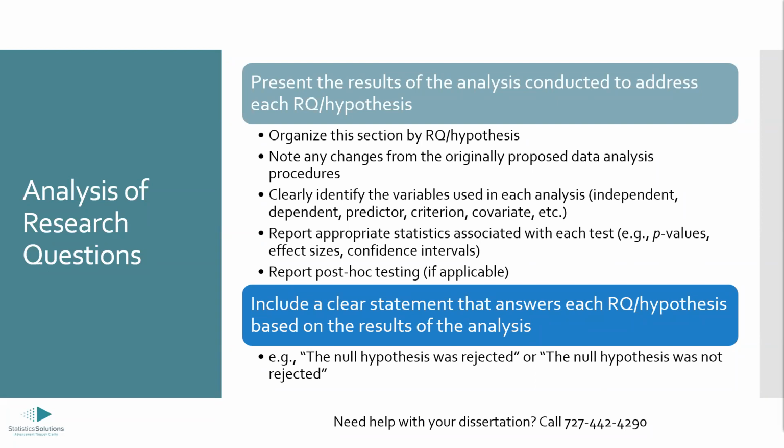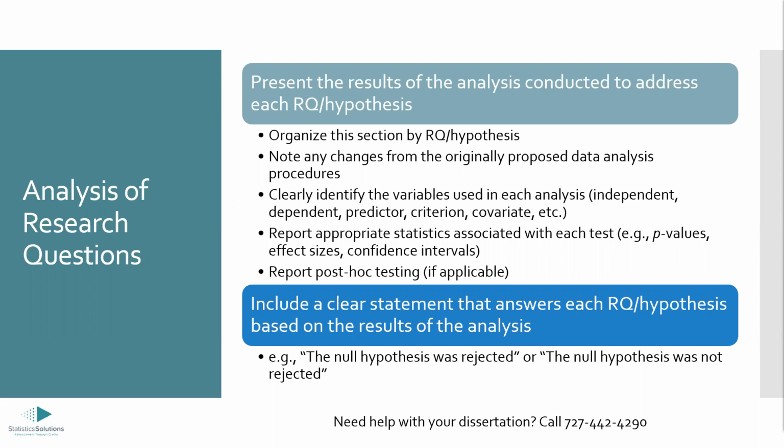But sometimes, the study doesn't always work out the way you originally planned to conduct it, like we talked about before. Sometimes there can be issues with the data collection that force you to change your plans. And so if you do have to make any changes specifically to the data analysis procedures from what you actually proposed in your proposal phase, then you will want to note and justify those changes in this section.